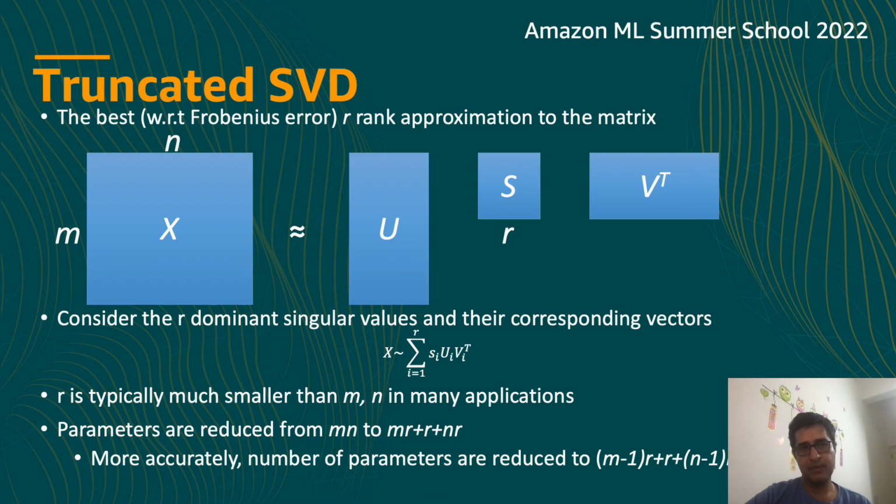There are m times r plus r squared, but only the diagonal elements are non-zero, right? So there are r elements here actually, and then there are r cross n, or n times r, parameters sitting here. Okay, so this reduction in parameters is the one that leads us to an SVD application.